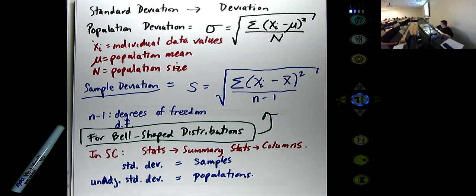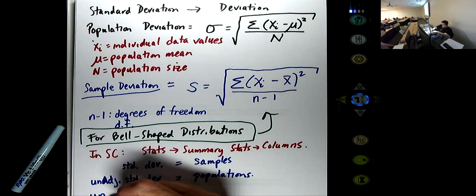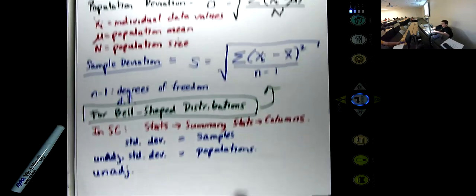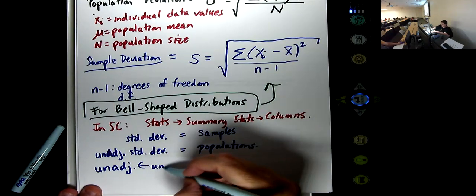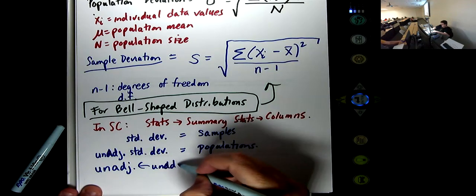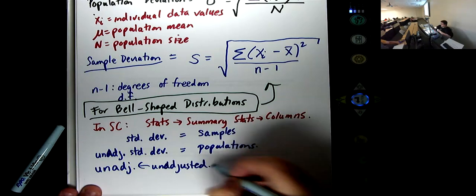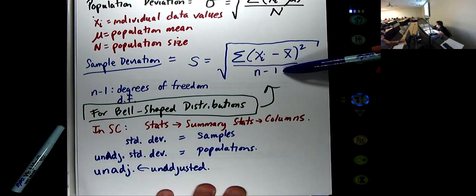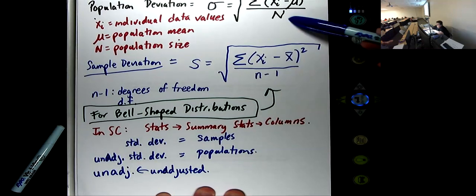What? UNADJ. It stands for unadjusted. So subtracting one is adjusted on the sample; population is unadjusted.